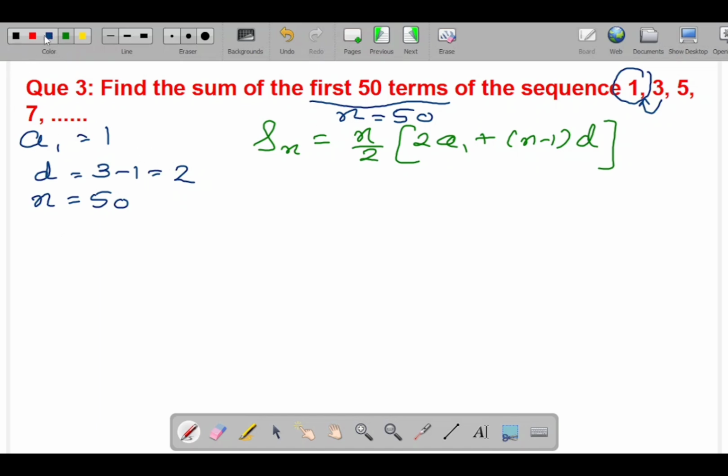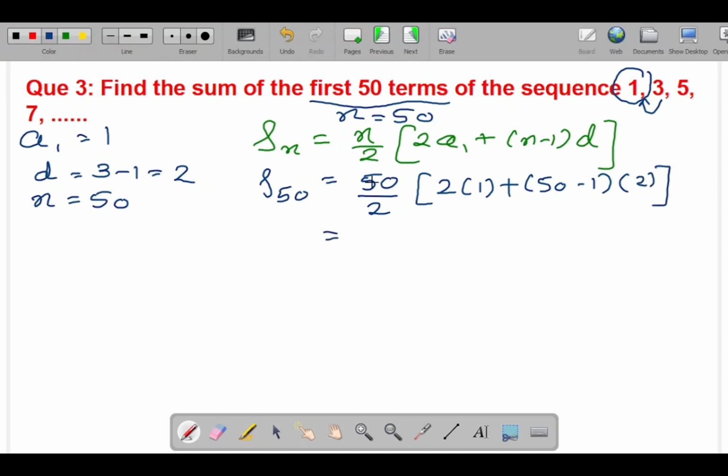If in the question they ask one more question here, what will be the 50th term and then the sum of 50 terms, then you can use that formula easily. But here we need not calculate the 50th term, because it is not asked, so we are using this formula directly. So here n minus 1 means 50 minus 1, into d, where the common difference is 2. Here again 50 and 2, we will get 25.